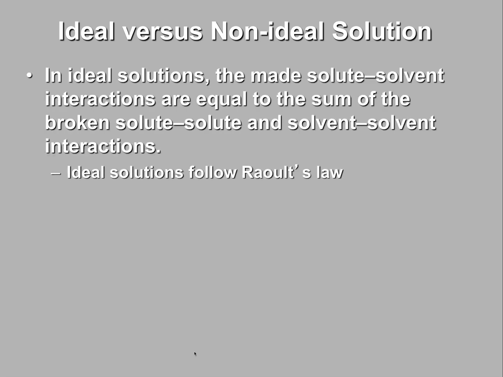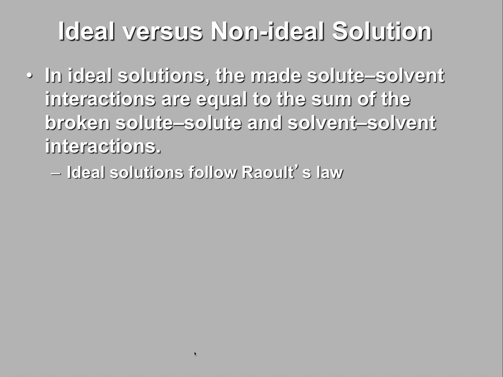Alrighty then. So, ideal versus non-ideal. Something we got to consider, because ideal solutions, you obey Raoult's law perfectly, which we know can't really happen, but you can get pretty close. So we know that in ideal solutions, the solute-solvent interactions are equal to the sum of the individual particles, solute and solvent interactions.